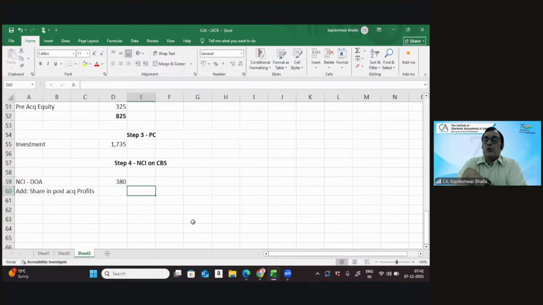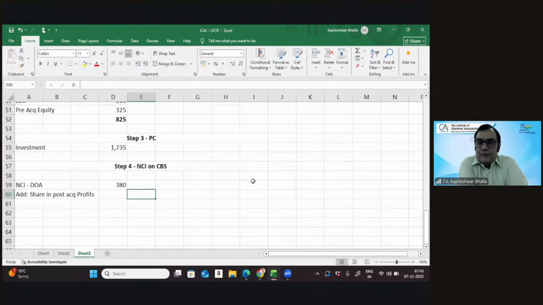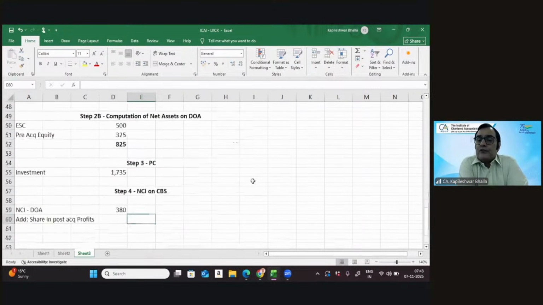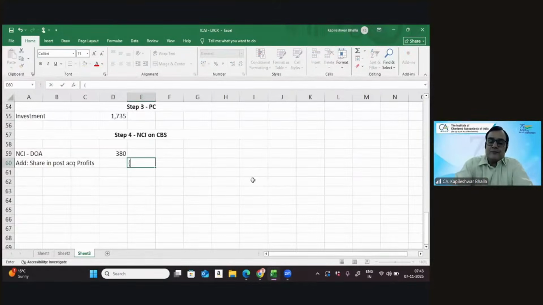And what about the post-acquisition profits? You're going to get that information from the step number 2A. So let's go to the step number 2A. The post-acquisition profit is 95. So out of this 95, you need to pick up the share of the NCI. That's absolutely correct.